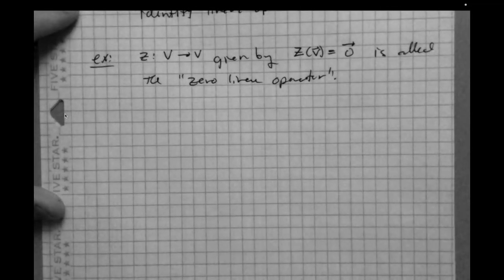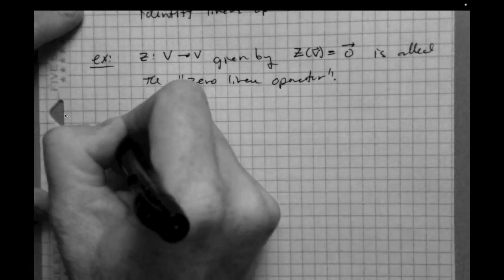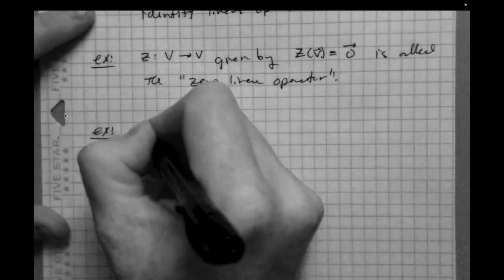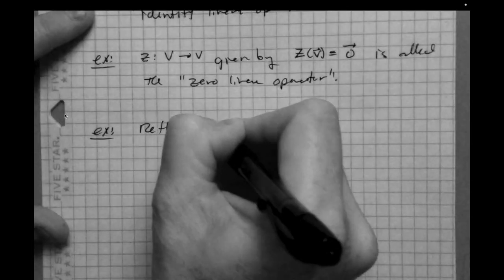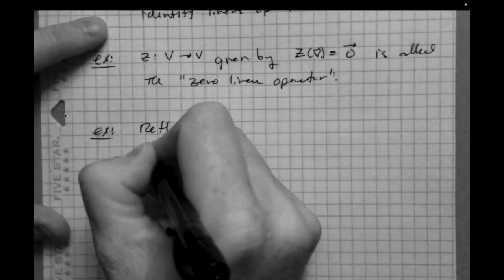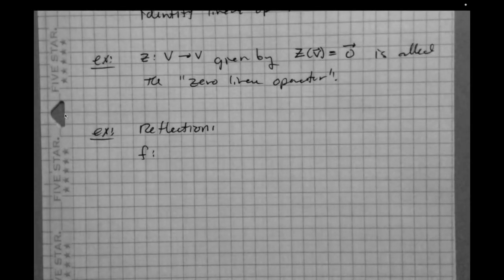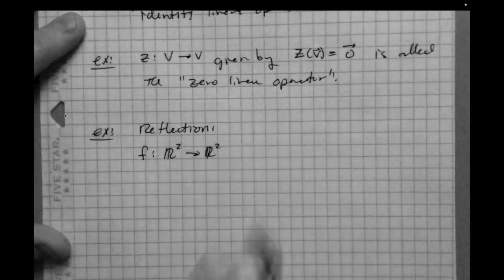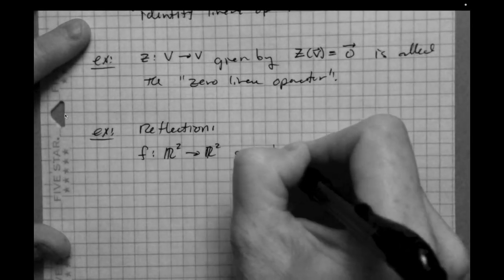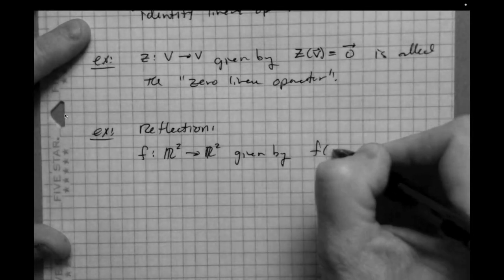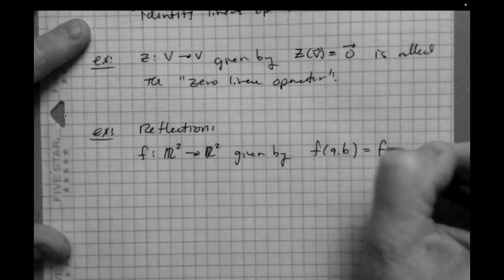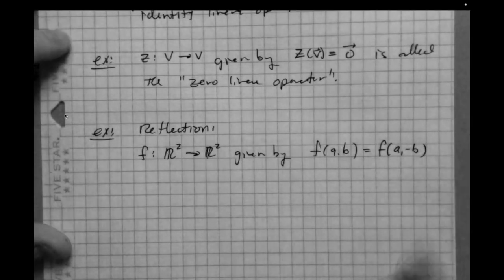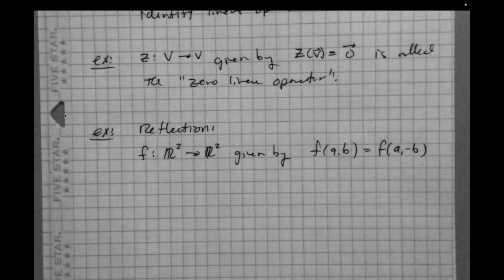Let's start with this one. This one is called a reflection, and we'll take an example of a reflection on R2. So if I start with a function from R2 to R2 given by f of (a, b) equals (a, negative b), this reflects the vector (a, b) across the x-axis.